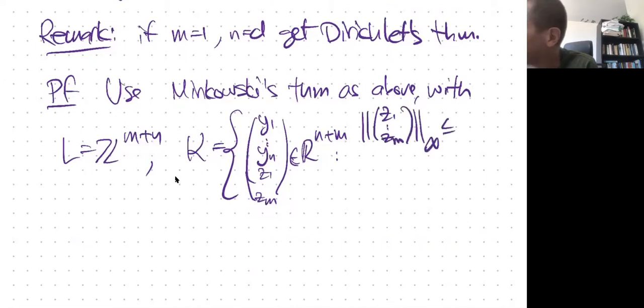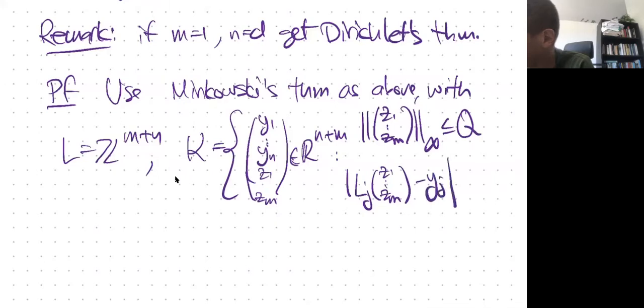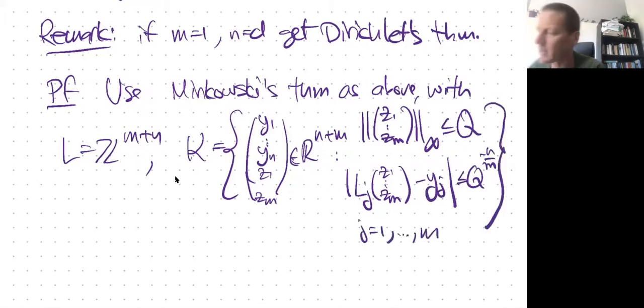The sup norm of the q's is bounded above by the parameter big Q, and the second requirement is that when you evaluate the j-th linear form on the q's, you get something which is very close to the y_j's. And so if you use Minkowski's theorem with this convex body, you get that.